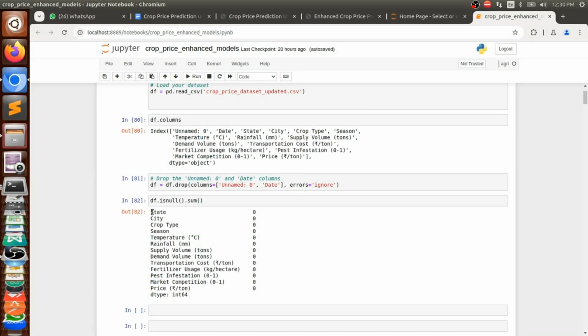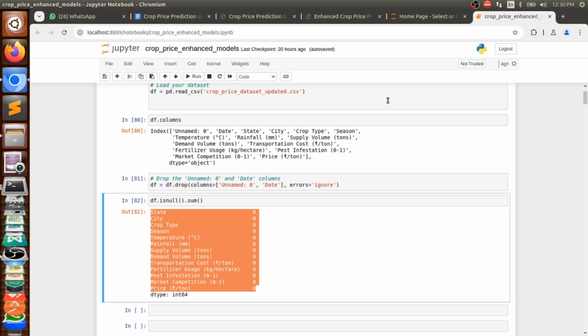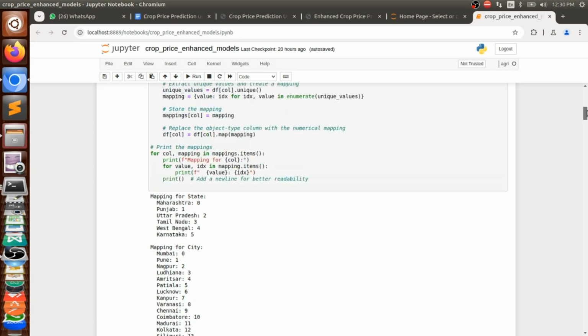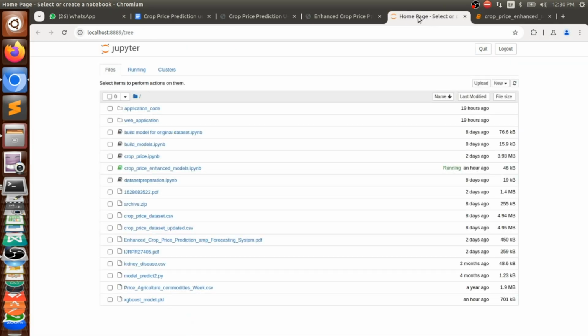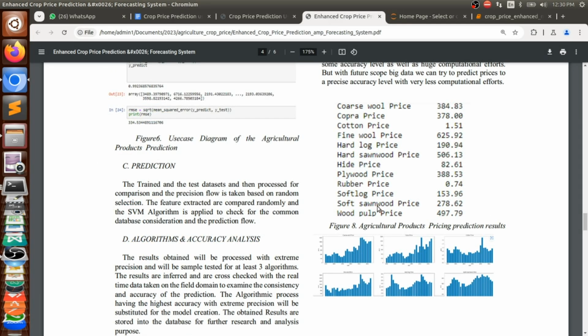Here you see there is no missing value, so we are leaving that part. Otherwise, if there is any missing value, we needed to handle it. And then comes the mapping technique. Now there will be some columns which will be having values and names.